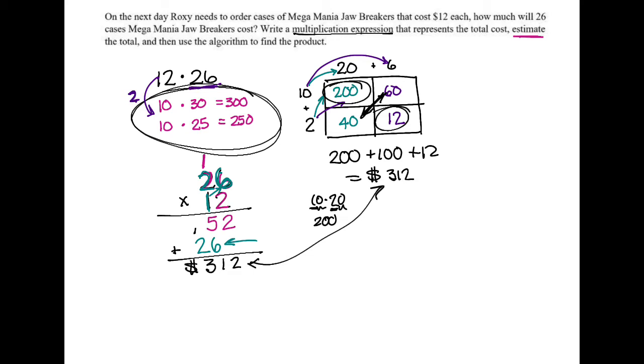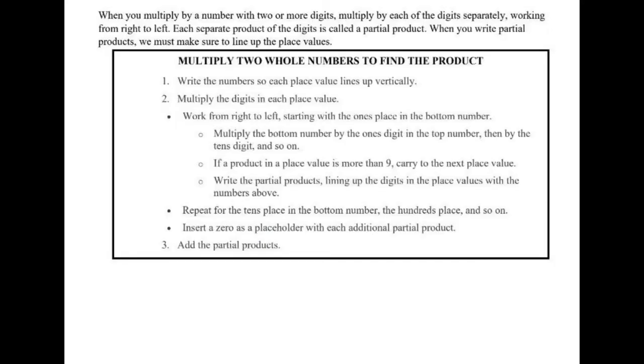Okay, so this number is quite a bit off of this number compared to what we had. However, it's still pretty close, so I think we're still okay. Let's try another one. Actually, here's their directions. This is what I just explained on the last couple examples.